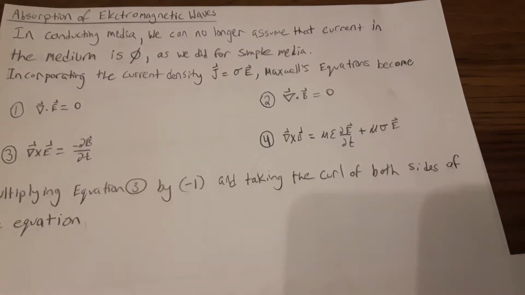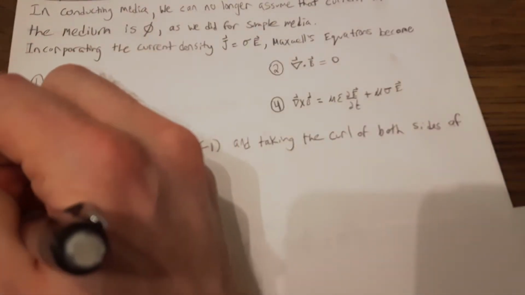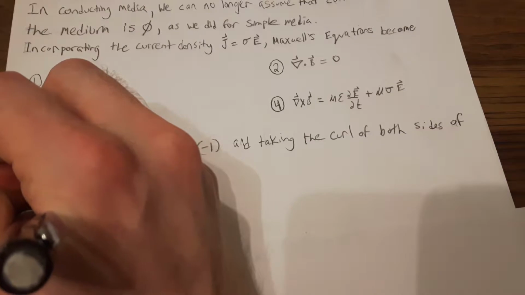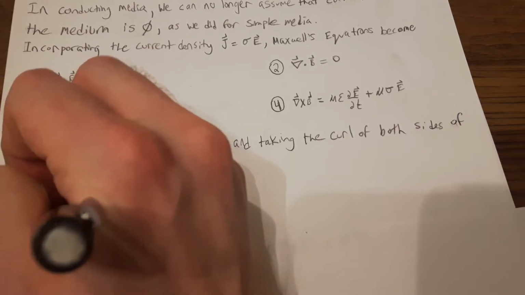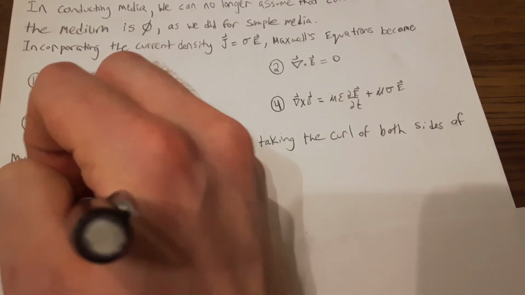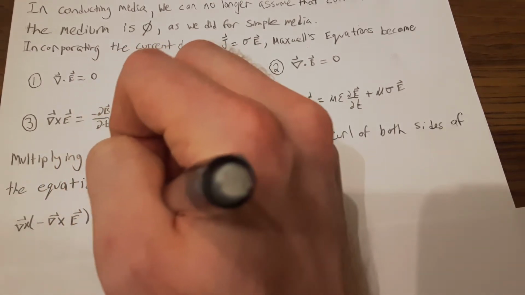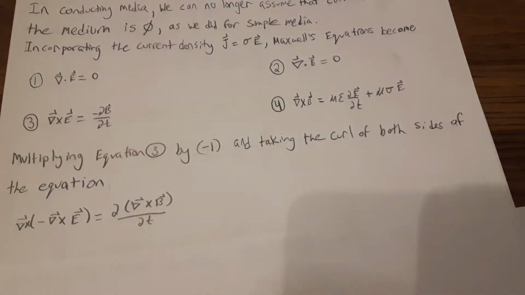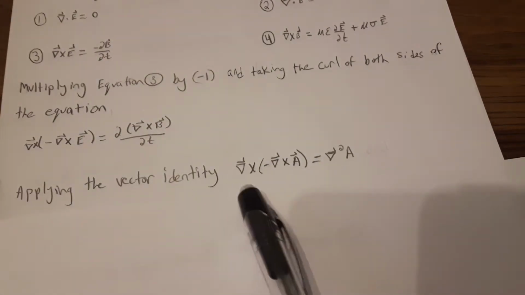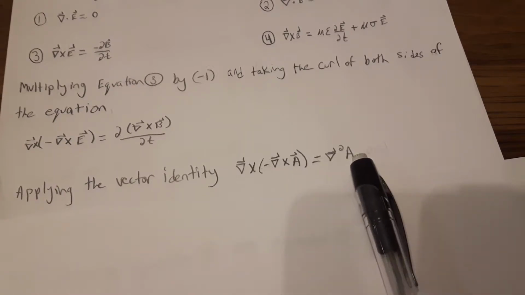So multiplying equation 3 by -1 and taking the curl of both sides, we then apply a vector identity where the curl of the negative curl of a vector field is equal to the Laplacian of that vector field.